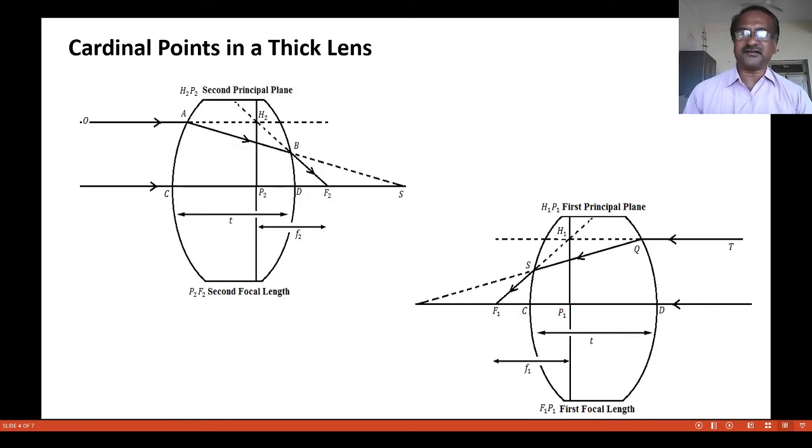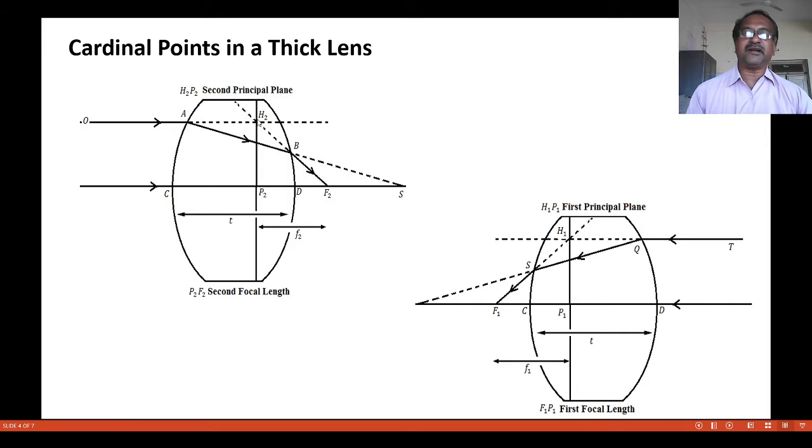Considering a thick lens here, let OA be the incident light on the first surface. It gets refracted at point A and takes the path AB, and refracting at point B, it takes the path BF2. This ray OA is extended in the forward direction, and the emergent ray BF2 is extended in the reverse direction.